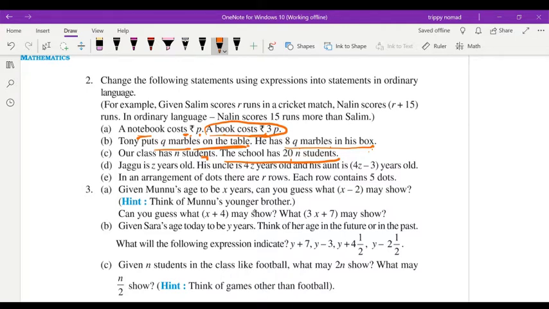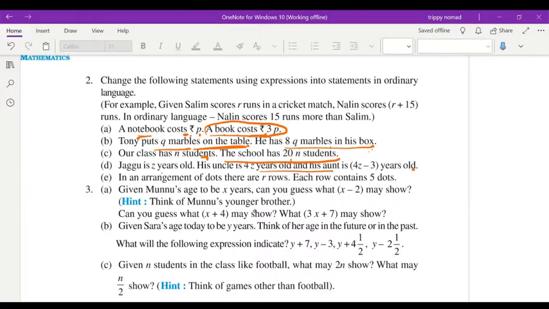Now same way, Jagu is Z years old. His uncle is 4Z years old and his aunt is 4Z minus 3 years old. So what will you write? Jagu's uncle is 4z.